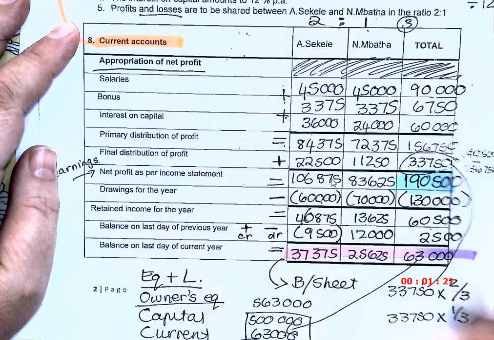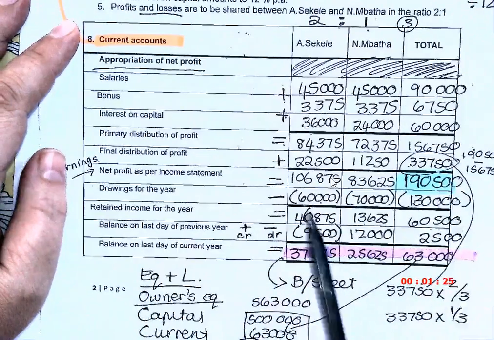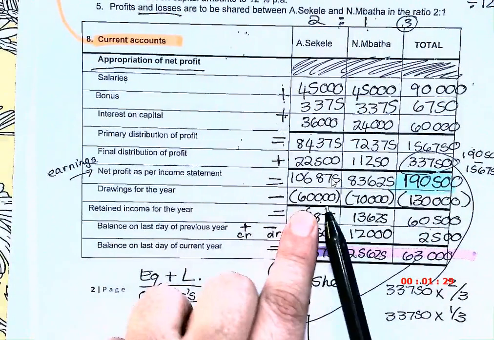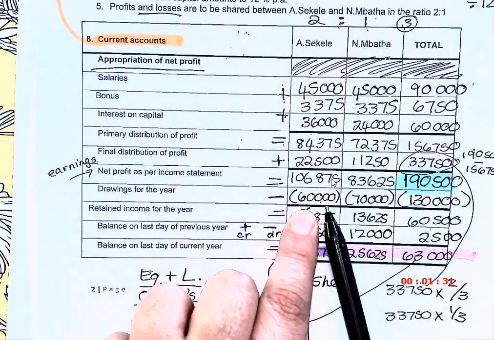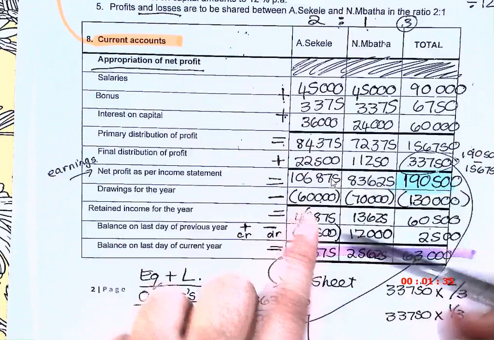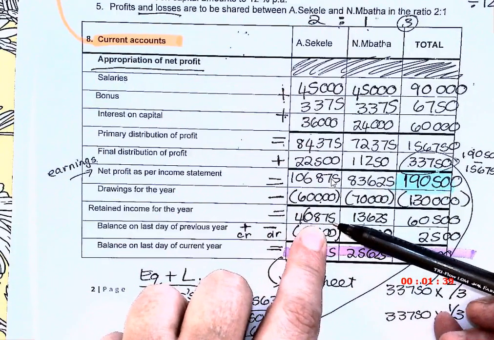That's why, if I have the distribution like this, I will subtract the drawings, because the drawings is the part that he already took from his earnings. So he's still got 46 left. Does that make sense to you?